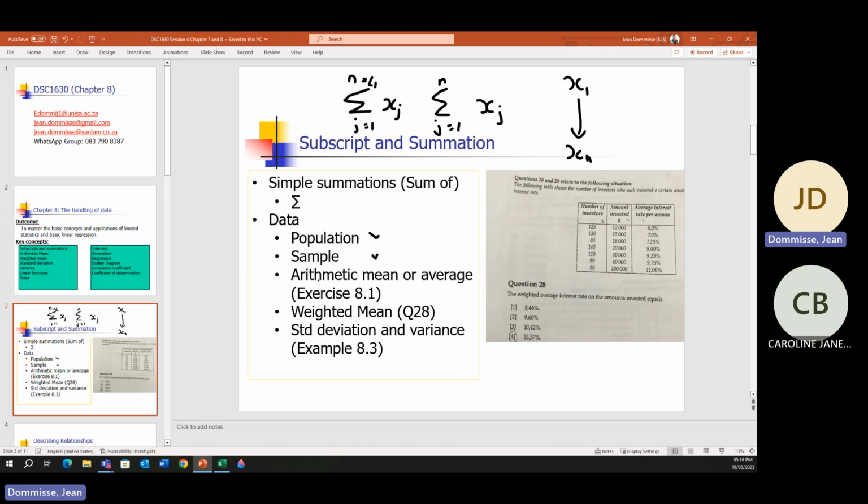But okay, if they ask you something about it, it will most likely be a definition, like between population and sample, then the arithmetic mean or average.